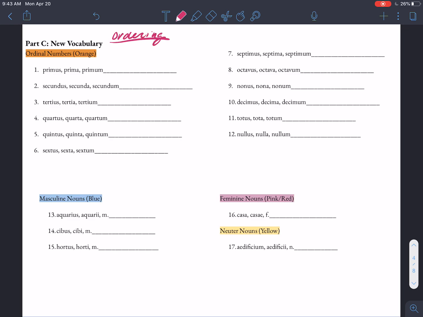Primus, prima, primum. That means first. Number 2, please repeat after me. Secundus, secunda, secundum.